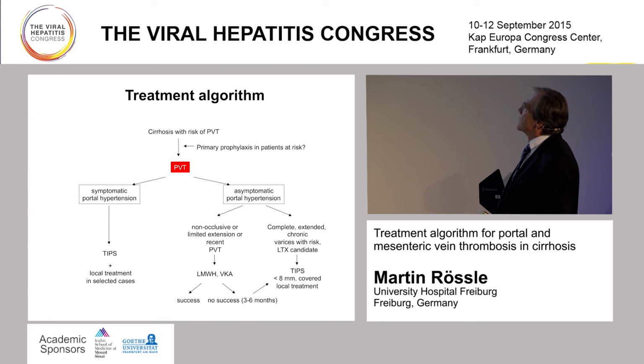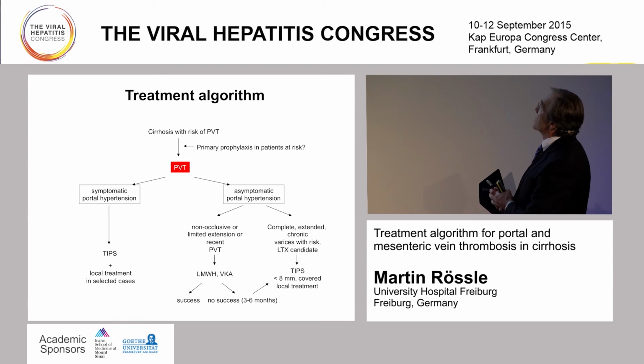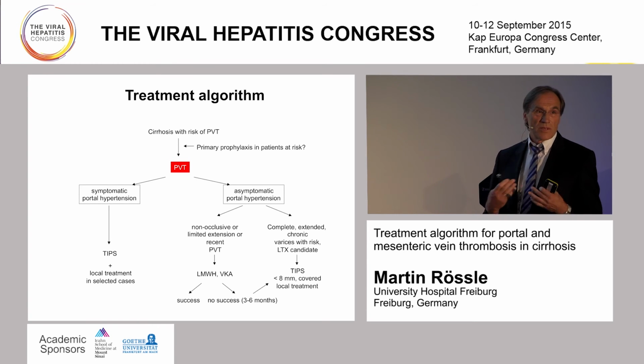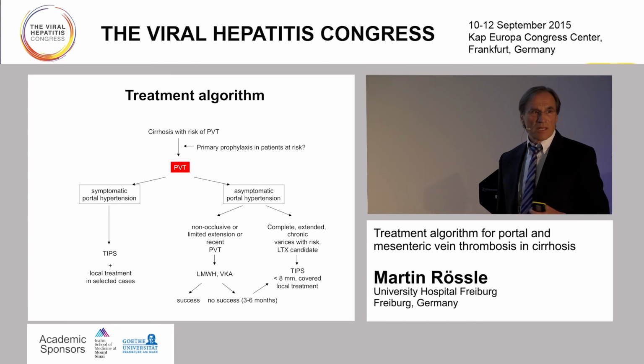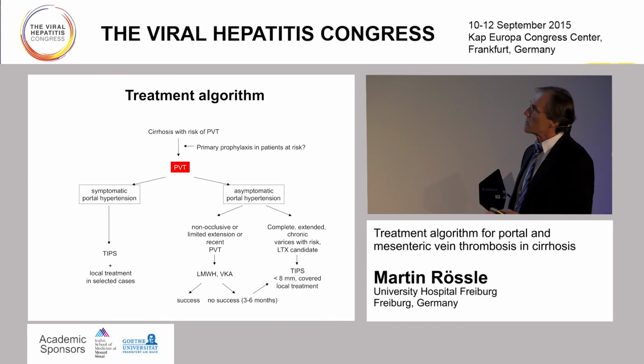Finally, I would like to give you my own suggestion of a treatment algorithm. You have a patient with cirrhosis with a risk of portal vein thrombosis. If the risk is very high in your eyes, you can give this patient a prophylactic dose of low molecular weight heparin. And if there is an obvious portal vein thrombosis, we can divide the patients into symptomatic patients with portal hypertension, with variceal bleeding or ascites or something else.